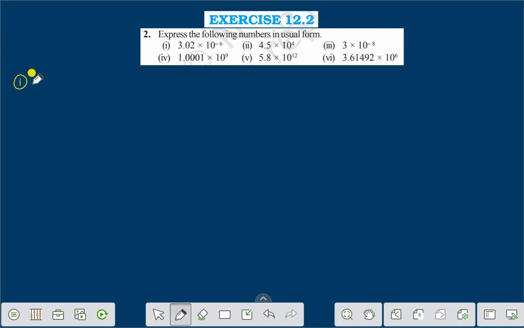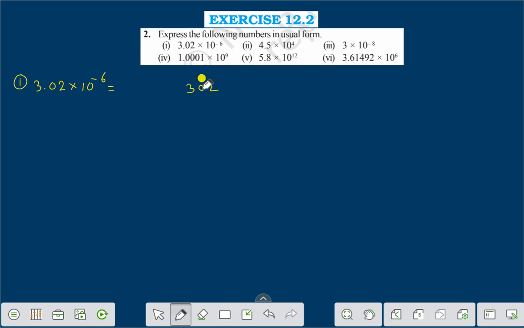Here you see is 3.02 into 10 to the power minus 6. That can be written as 302.